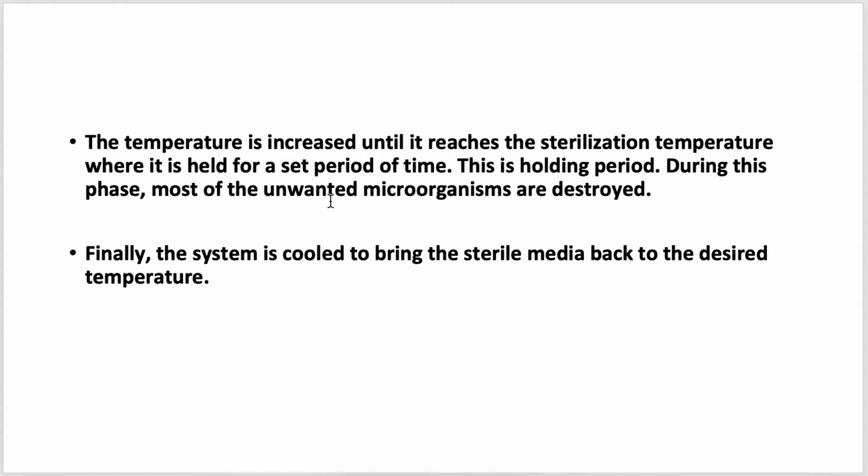During this phase most of the unwanted microorganisms are destroyed. That means most of the contaminant microorganisms will be destroyed during the holding period, and then when the holding period is done, the system is cooled to bring the sterile media back to the desired temperature.